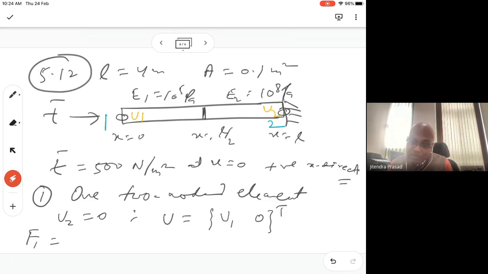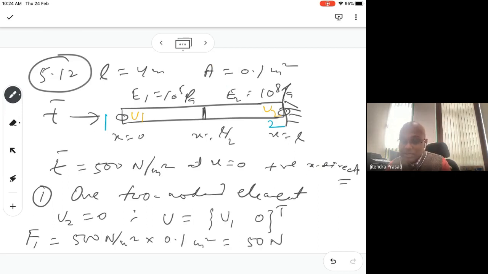We say F1 equal to 500 Newton per meter square multiplied by area, 0.1 meter square. So that means 50 Newton in x direction. F1 will be 50. F2 we don't know. That will be just a reaction, so F2 is equal to R2, reaction only. So we'll put R2.